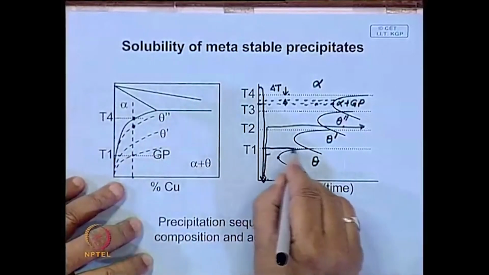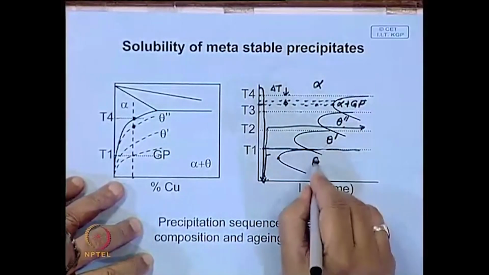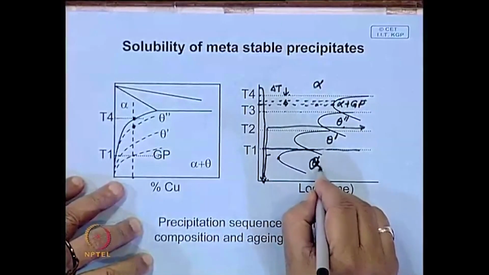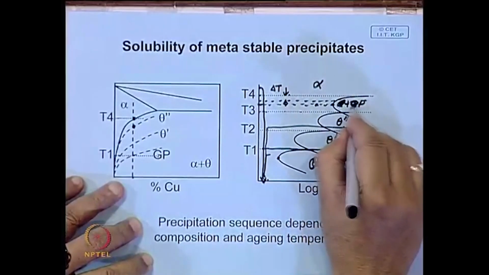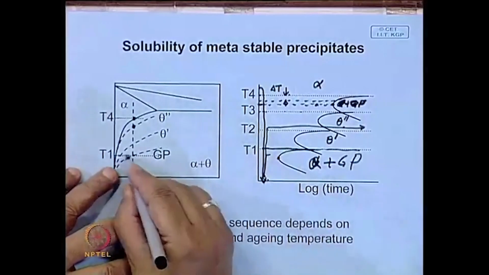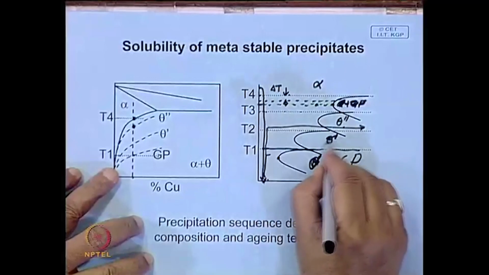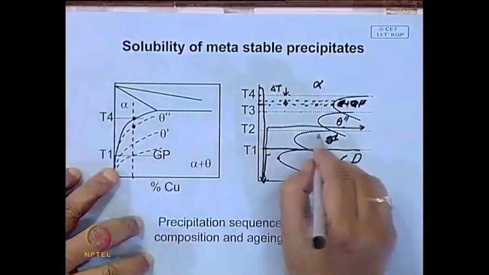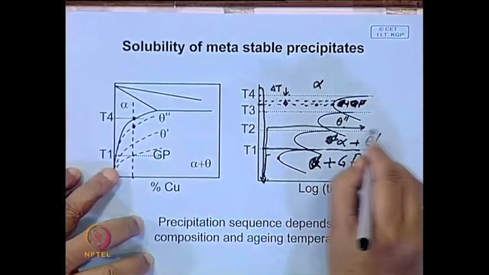This is the GP zone actually. So, I think here you will have alpha plus GP zone. So T1 is the temperature. If you age it below T1, you will have alpha plus GP zone. I am sorry about it. This is alpha plus theta prime.